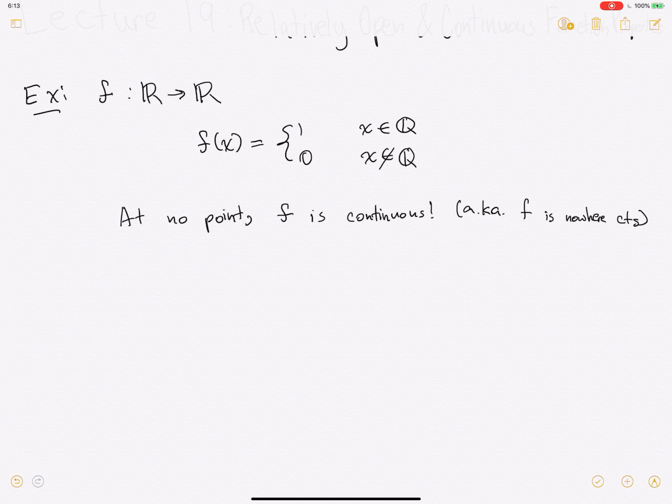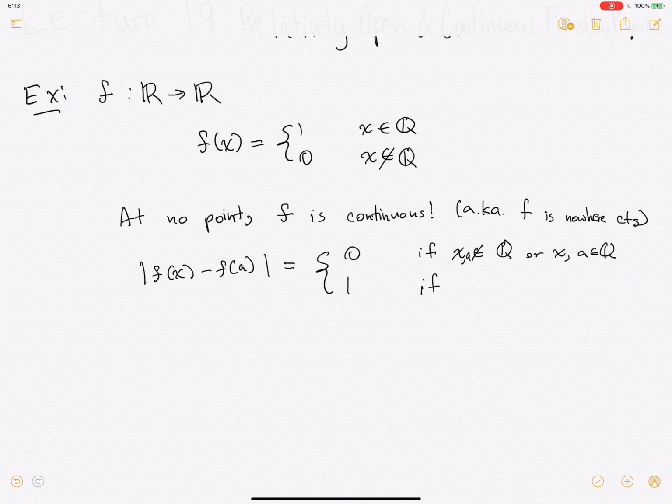Why? Since f(x) minus f(a) will be equal to 0 if x and a are both not rational, or if they are both rational, or 1 if x is in Q and a is not in Q, or alternatively x is not in Q and a is rational.